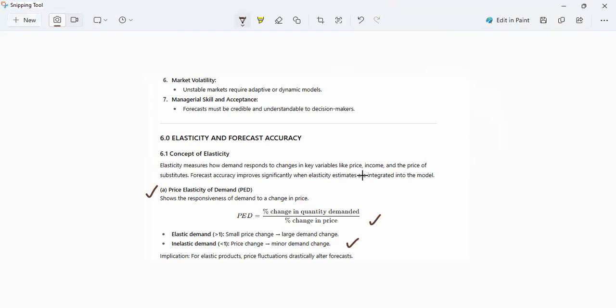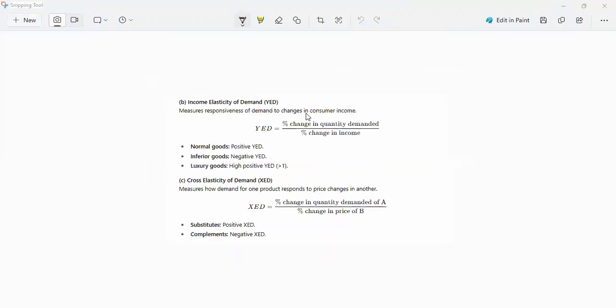We've talked about income elasticity. What is income elasticity? It measures the responsiveness of demand to changes in consumer income. If we have a positive, it means a normal good. If we have a negative, that is an inferior good. If you have more than one, that is a luxury good.